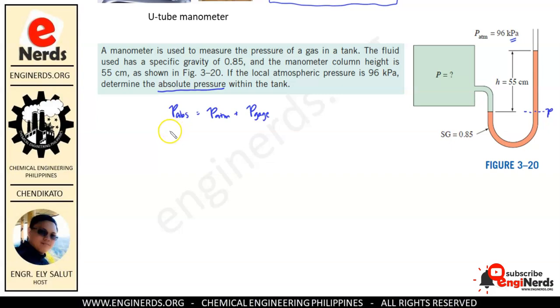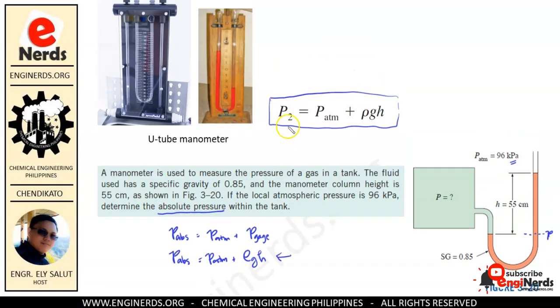So in that case, we have the absolute pressure is equal to the atmospheric pressure plus rho gh at this point. And as you can see, this equation right here is equal to what we have in here, diba? So basically, they are just the same.